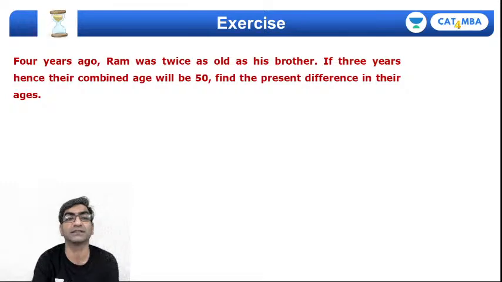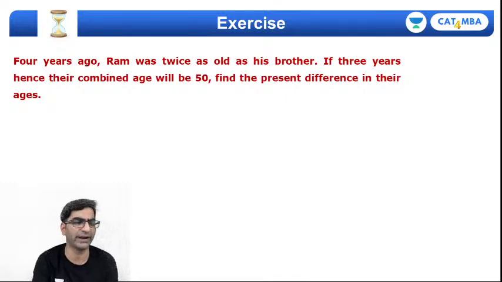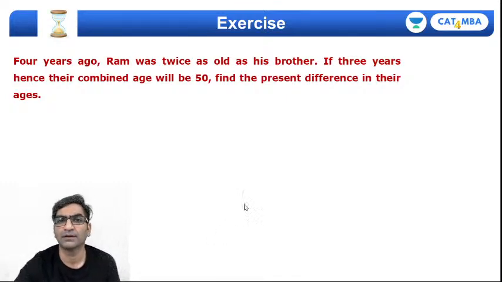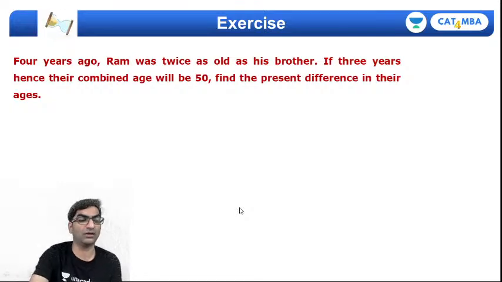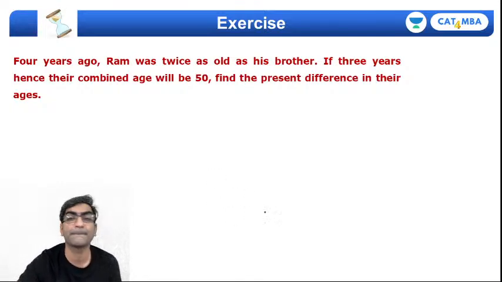Here's the first question. It's an age problem. 4 years ago, Ram was twice as old as his brother. Alright. That doesn't sound very hard. And then the second statement talks about 3 years hence, right? So you're never talking in the present.